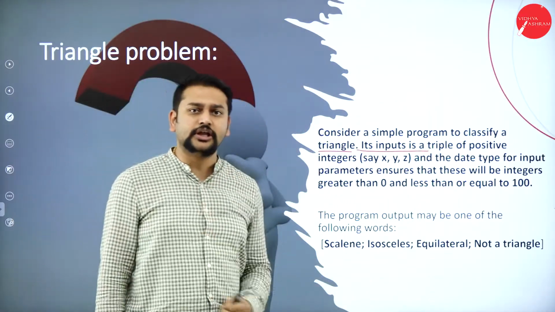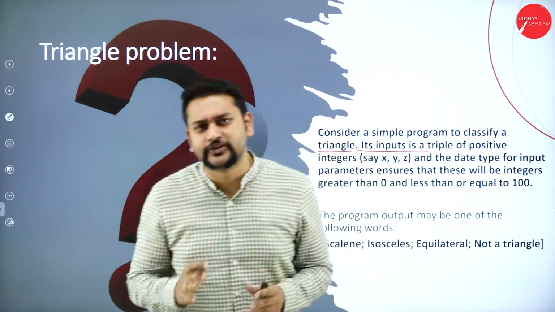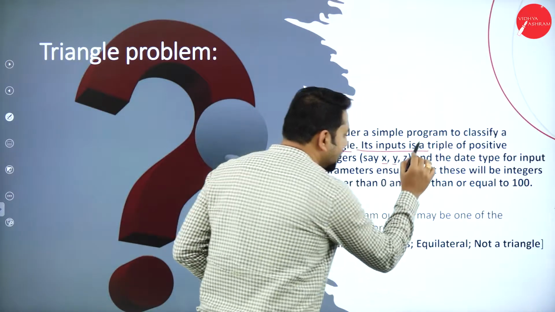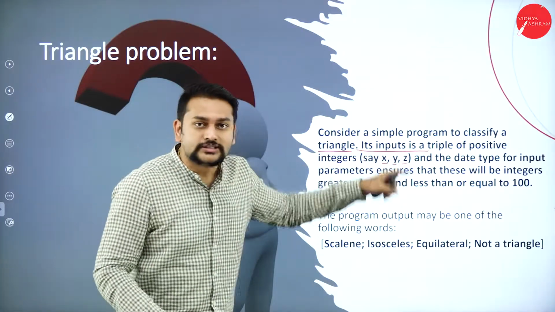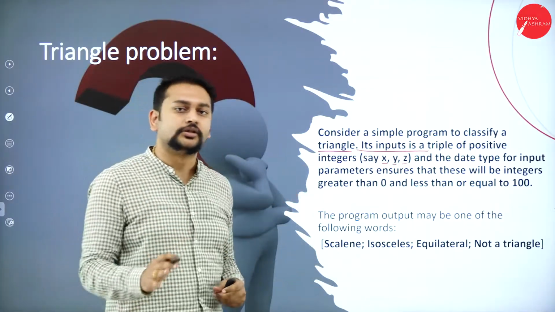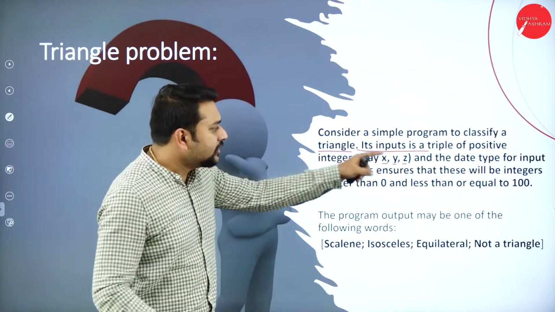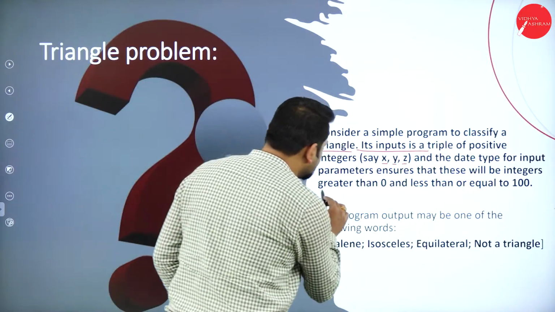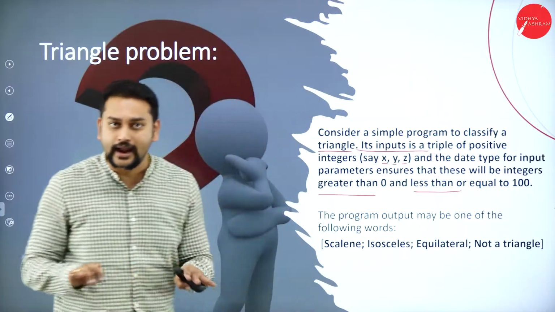You will have 3 inputs, all positive integers, mentioned as x, y, z. So your input is x, y, z, and these should be positive integers. That is the first thing that you have to understand. And for the data type of the integer parameter, ensure that it will be an integer greater than 0 and less than or equal to 100.